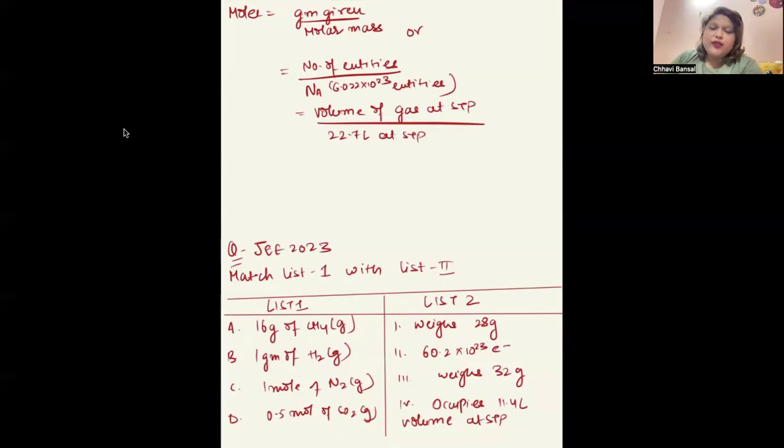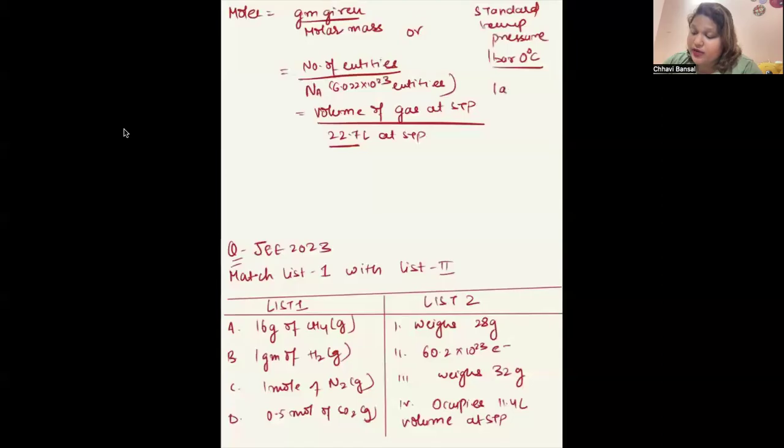Now you will think, in the previous videos I have talked about 22.4 liters and now I am talking about 22.7 liters. So STP is standard temperature pressure. If it is 1 bar and 0 degrees Celsius, then it is 22.7 liters.